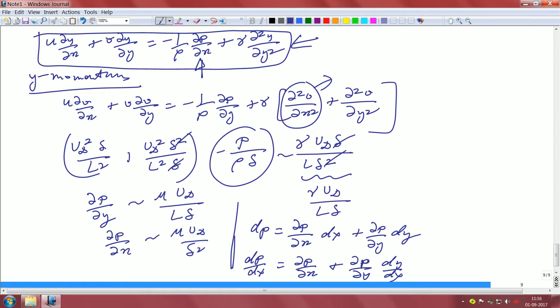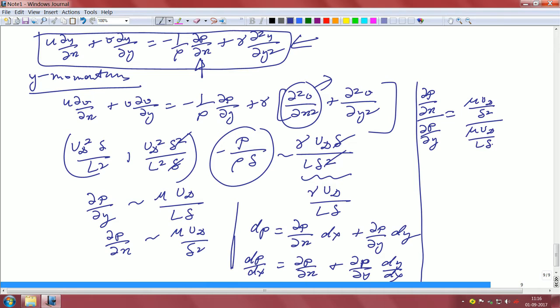Now, I am trying to do it in one sheet so that you can get a better feel. So, dp by dx divided by dp by dy, if we do this, what will happen? You will get mu u infinity delta square divided by mu u infinity L delta. So, this will give you L delta by delta square, which is basically L by delta, which is much greater than 1.